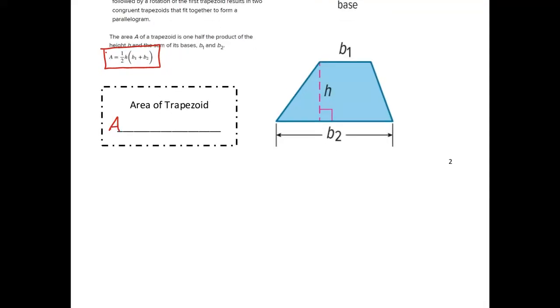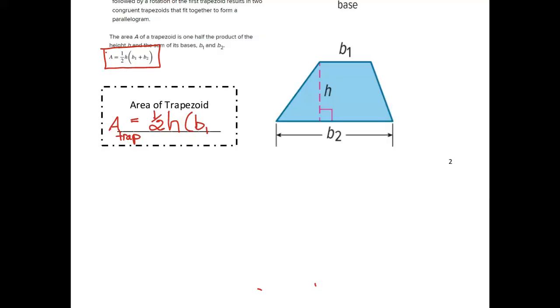The area, capital A, of a trap. So I put the trap down underneath a little bit and to the lower right is 1/2 times the height times the sum of the bases. Sum means I'm going to add both of those bases.